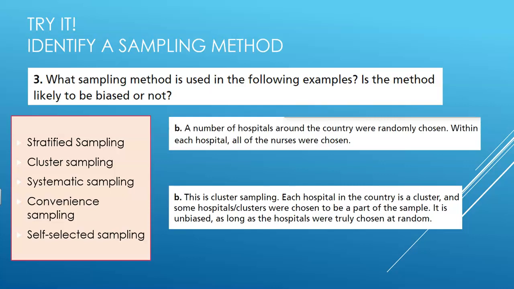It is unbiased as long as the hospitals were truly chosen at random. So they didn't just sample from each hospital, they took the whole hospital, in this case nurses, and that was their sample group from that hospital.